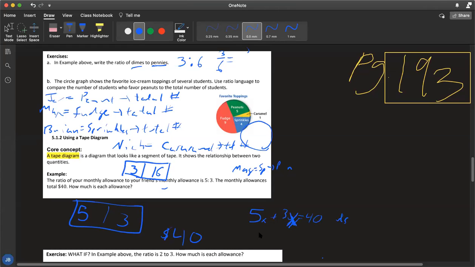So we can say 8x is equal to 40. So each person gets $5 because we divide by 8 and divide by 8. We get $5 a piece. Does that make sense for everybody? Any questions on that? So here we saw some algebra, right?